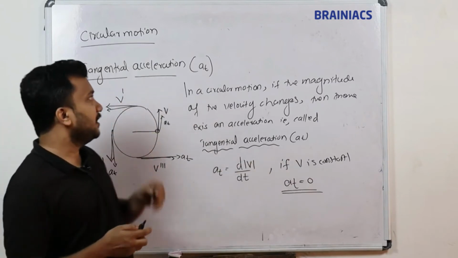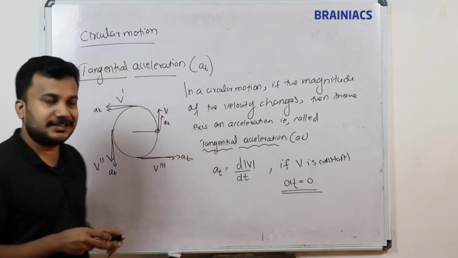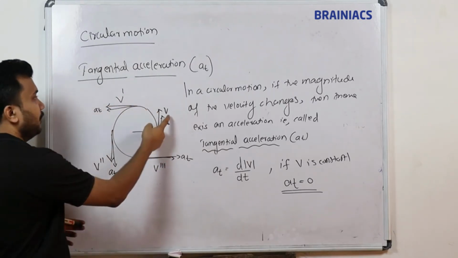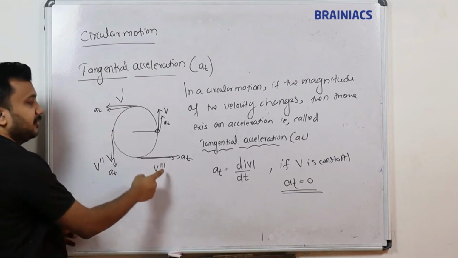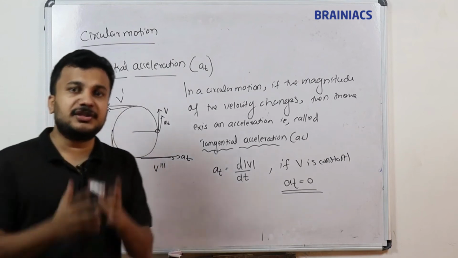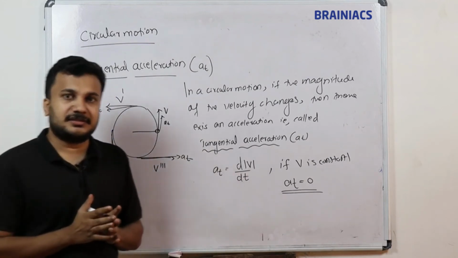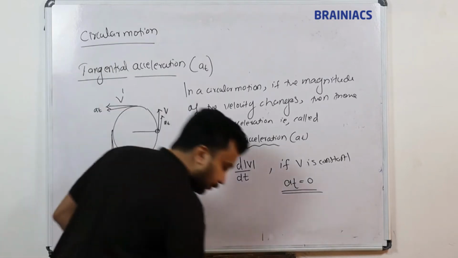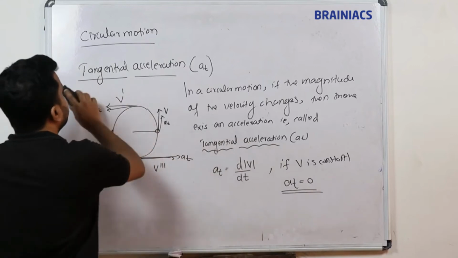So remember this term: tangential acceleration acts along the direction of the velocity. Whenever the velocity magnitude changes, an acceleration exists, and that acceleration is called tangential acceleration. Hope it is clear to you.